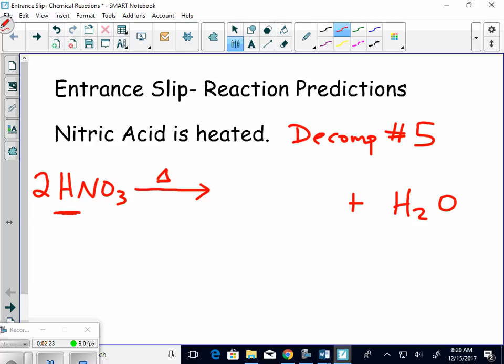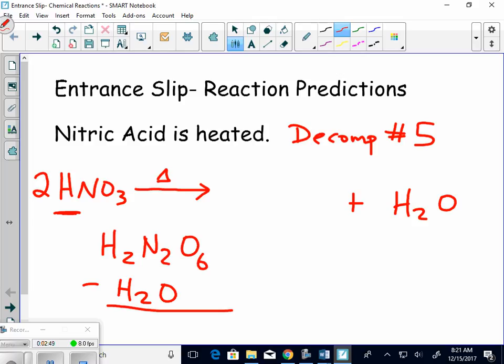When I do that, I believe when you had the video over decomposition, what I usually do is if I have 2 of these, I think of it like this. I think of doubling my stuff, and then from that, I subtract water. Well, if I have that and I subtract water, those H's go away, and I have N2O5.